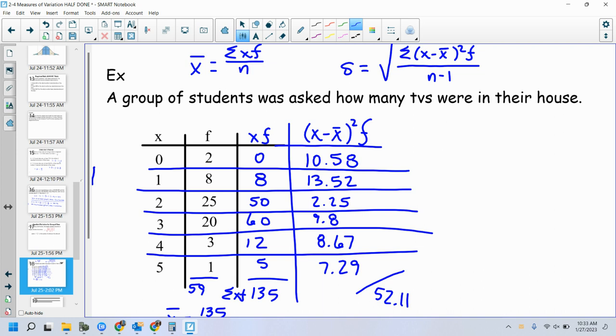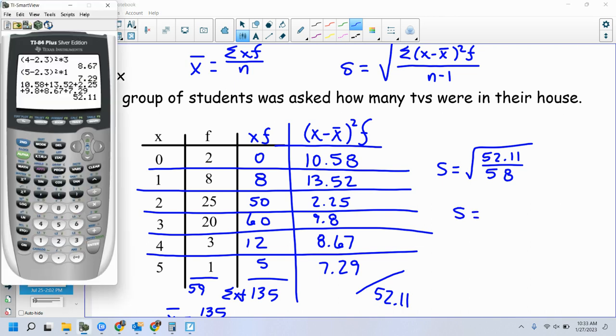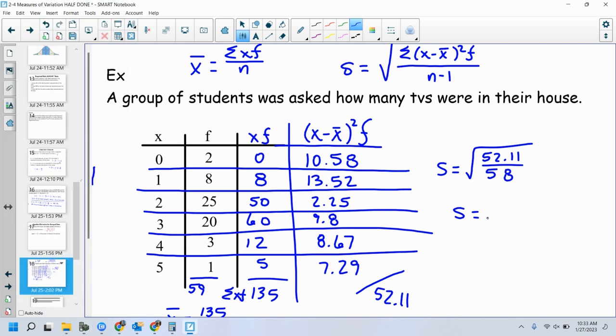So standard deviation is the square root of 52.11 divided by what? 58, which is 59 minus 1. 52.11 divided by 58, square root. 0.95. That's my standard deviation. And what can we say based on that?